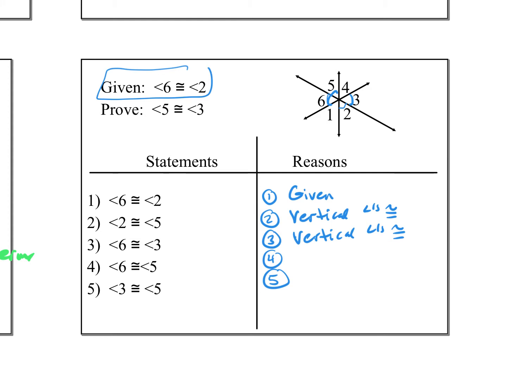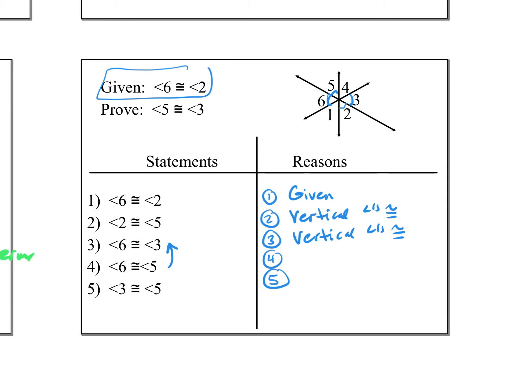Look at line 4. What's the connection between 6 and 5? If we looked at the diagram, the best we can say is they're adjacent. And as you know, adjacent angles tells us nothing. So instead, we're going to look at previous statements. And there should be a connection that we can make. So, do you see anything?